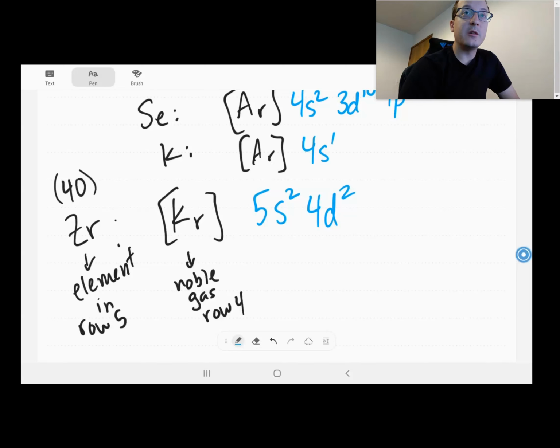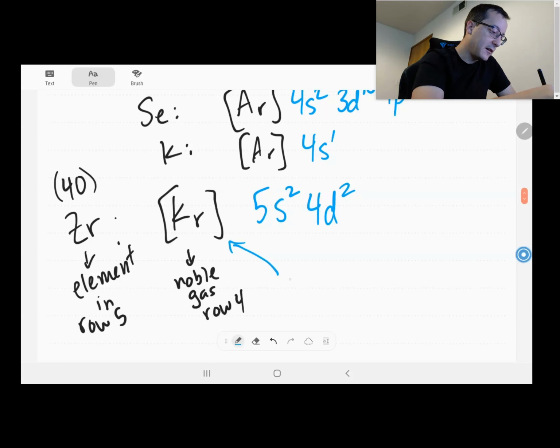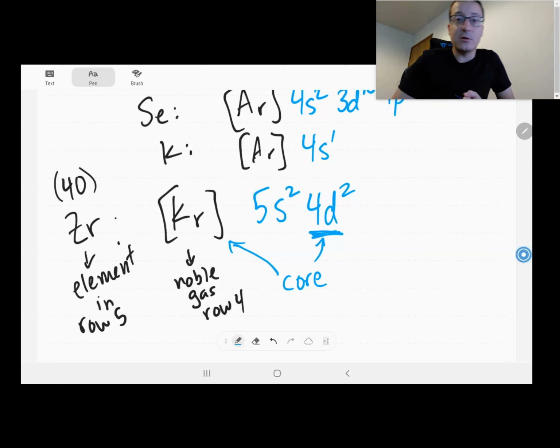Fun fact for you guys: notice that all of this stuff is all core. And then our d electrons are also going to be core. So this allows us potentially to see the valence electrons a little bit more easily.